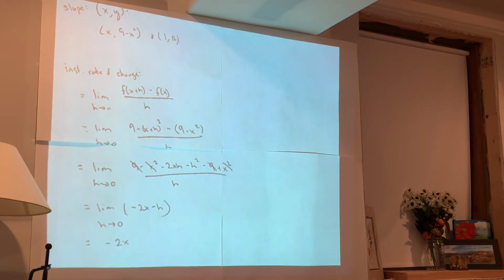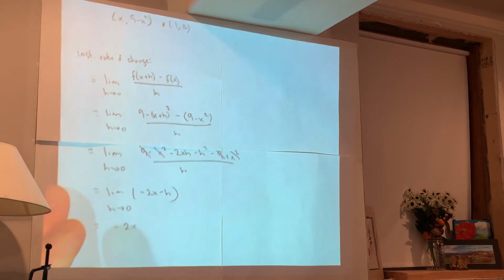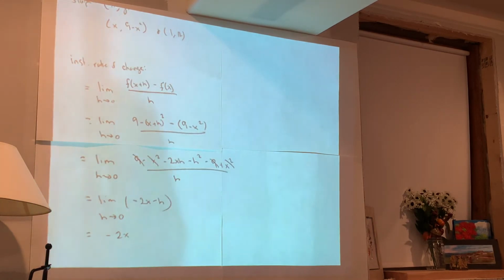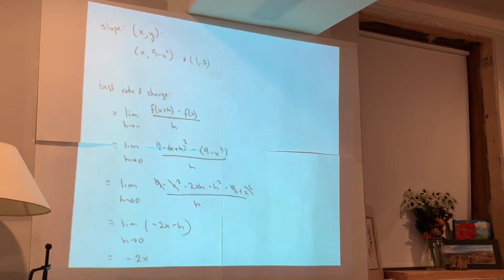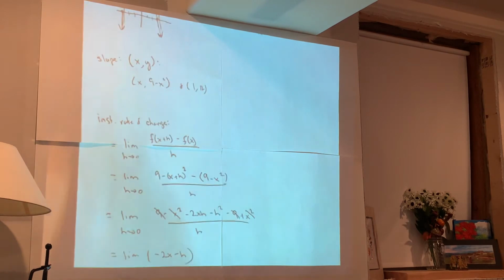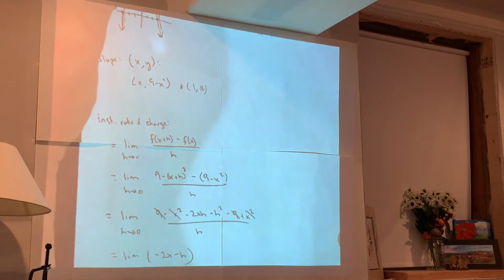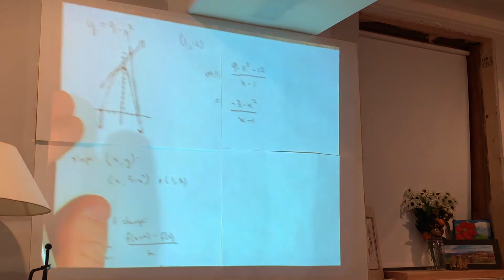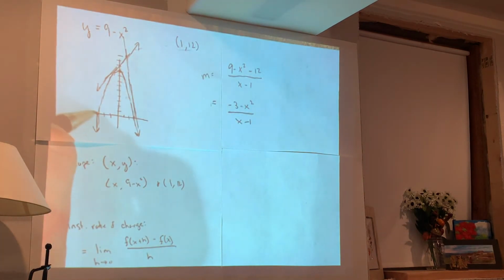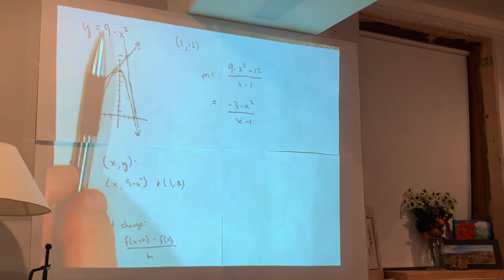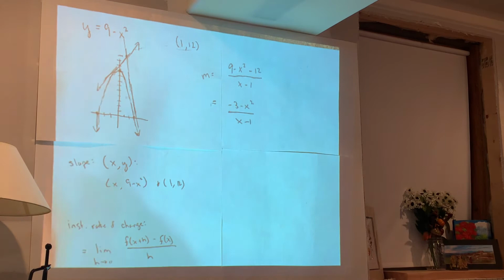Okay, so what did we learn here? Let's go back to the picture. We learned that the slope here is negative 2 times x. So in that situation, x is negative 3. So my slope there is negative 6. Sorry, no, wouldn't it be positive 6?